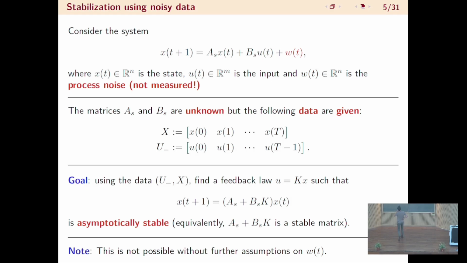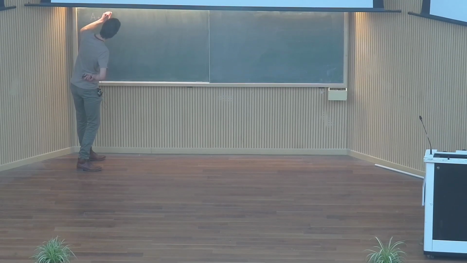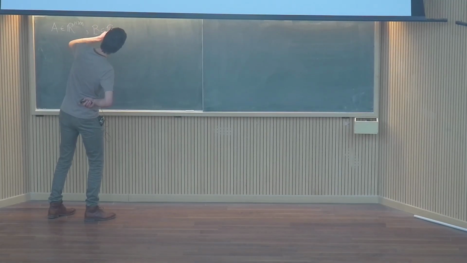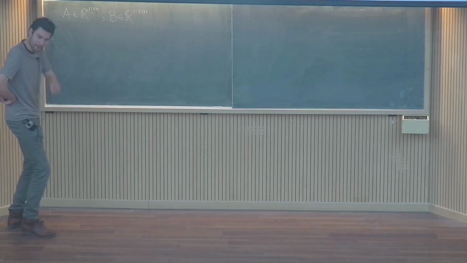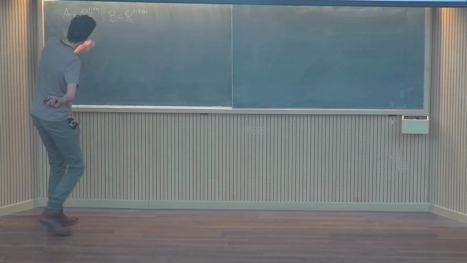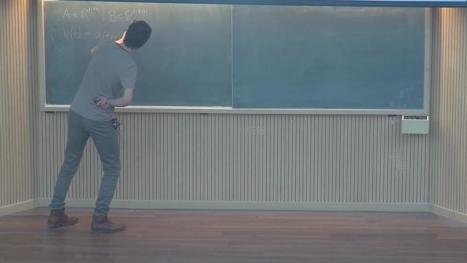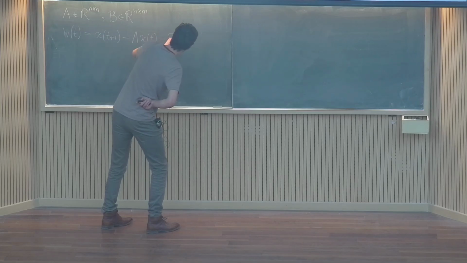The model class is everything, because the point is that if I take any arbitrary A matrix in R n by n and any B matrix in R n by m, since the noise can be anything, in principle I could also have a noise, Wt, which is equal to xt plus 1 minus A xt minus B ut.